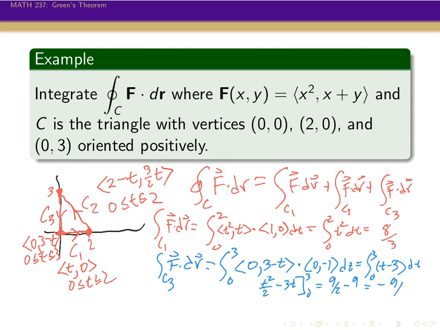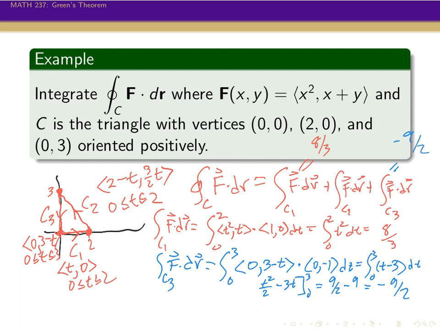So that's minus 9 halves, right? So let's write in what we have. So we have that the first one is 8/3. The last one is minus 9 halves.